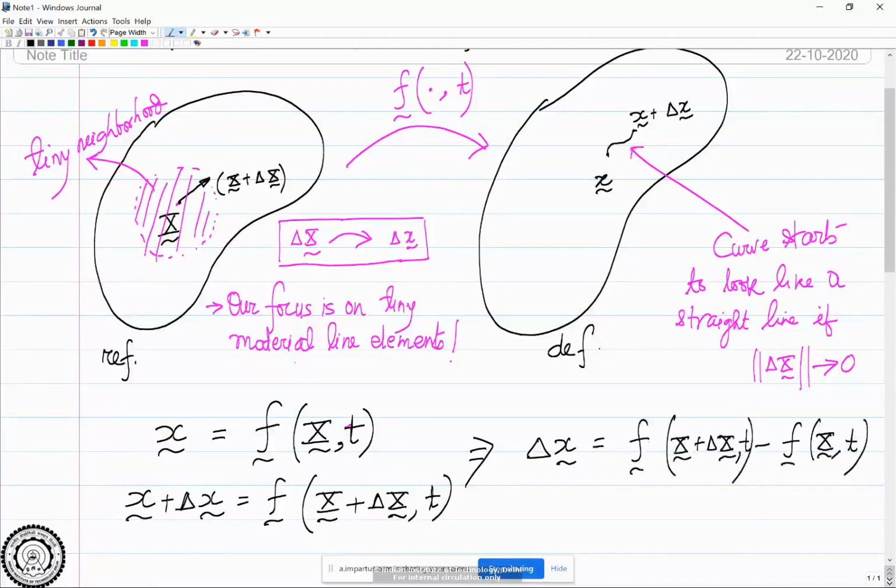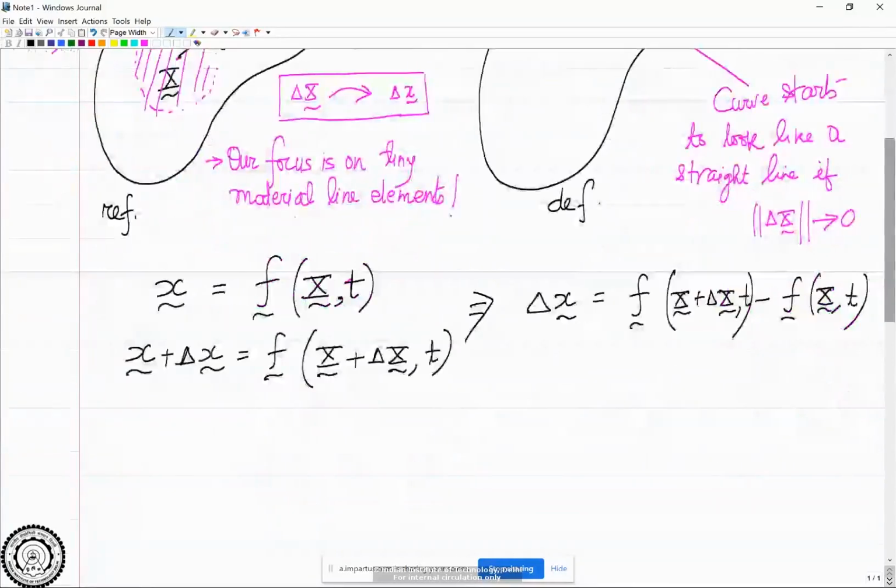It can't be that for capital X you look at one time, and for capital X plus delta capital X you look at some other time. Because I want to understand deformation at a given time, so it has to be at the same time. I'm not looking at velocity or acceleration where I take the time derivative. I'm looking at deformation at the same time.